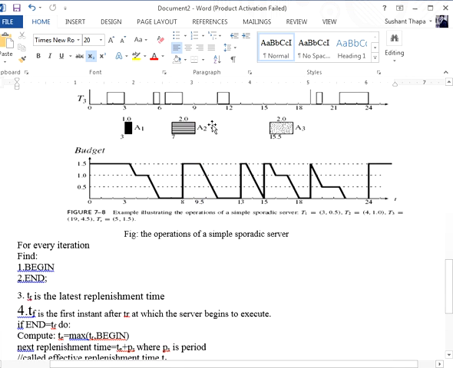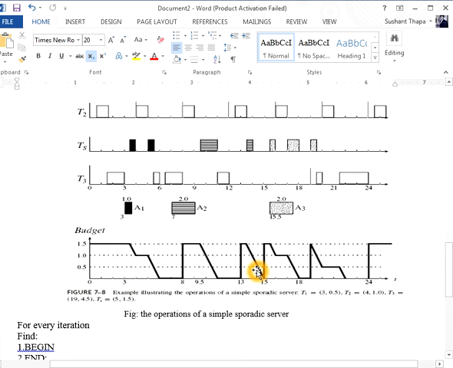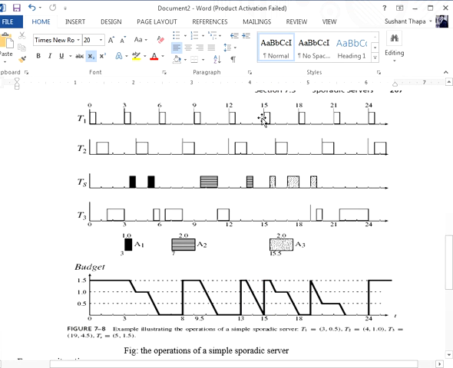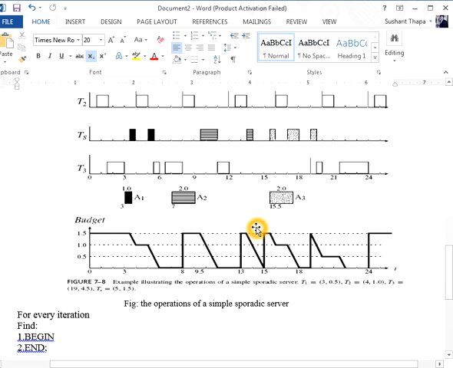But you can see when executing from 13.5 to 14, our budget will be decreased to 0.5. But at the same time, T1, T2 and also T3, all these three are idle, so our whole system will become idle. According to the replenishment rule R3B, we replenish the budget at the time TB where the server again becomes active.